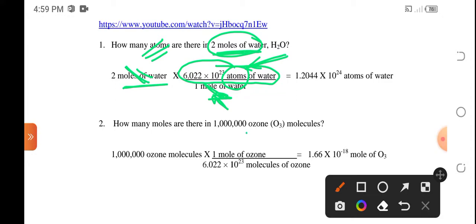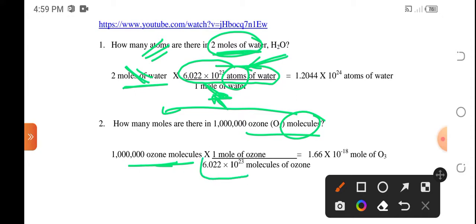But if you are given with the molecules and you are looking for the moles, okay, you start with the molecules, atoms, or whatever large particles there is, and the Avogadro's number will be at the denominator side, so that the molecules will be cancelled and you are left with the unknown or the required, which is on the mole.